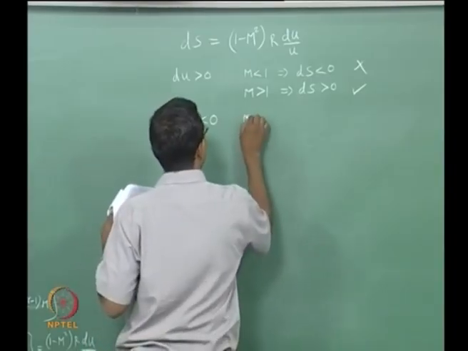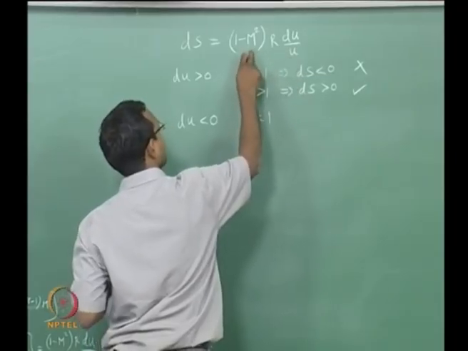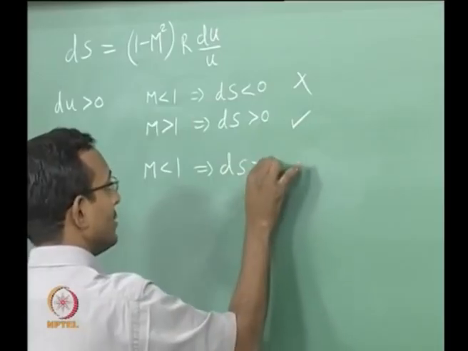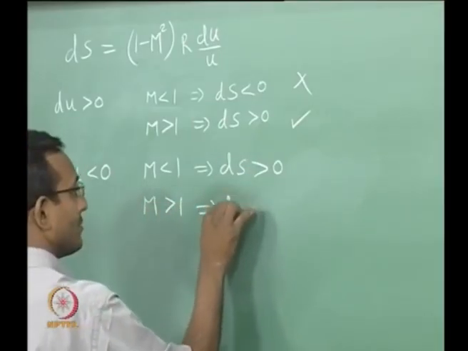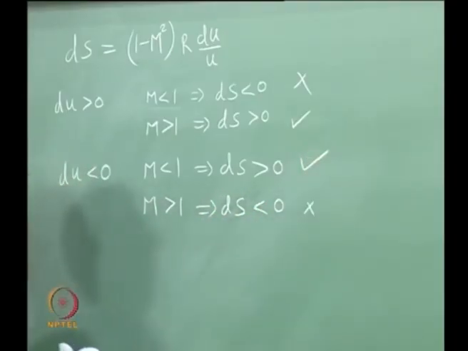Now if I think about m less than 1, this is negative, and this is positive, so I am going to get ds greater than 0 and the other one will be less than 0. So here this is not possible and this is possible, only ds greater than 0 are possible.